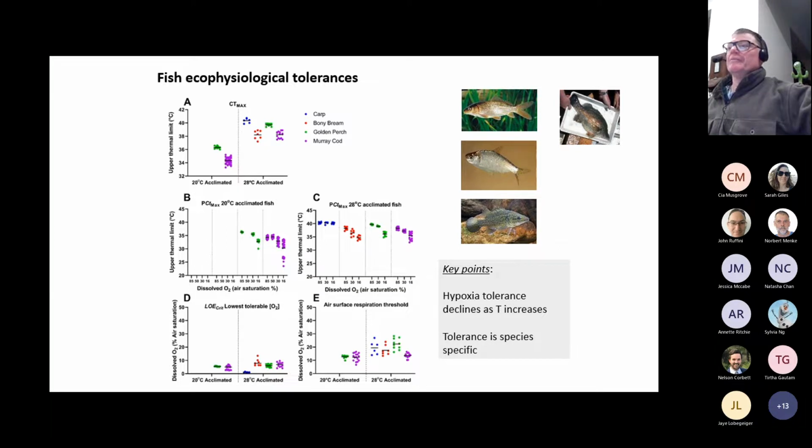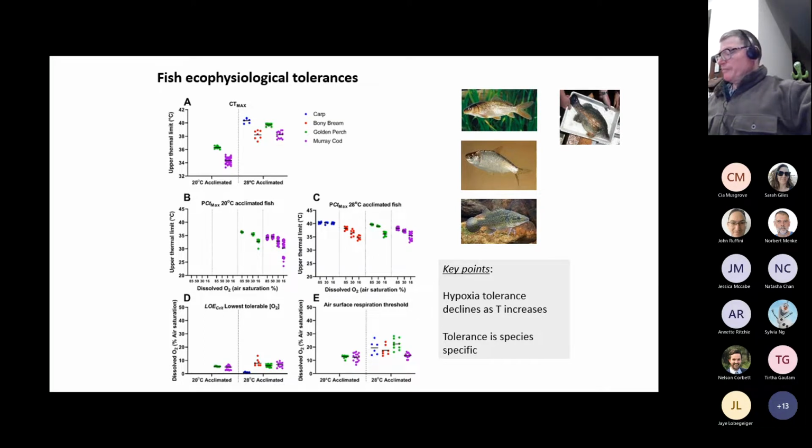So the hotter it becomes, the less tolerant of hypoxia the fish are. And that tolerance is species specific, with the really annoying finding that by far the most tolerant species is introduced European carp compared with the native fish species. So basically the European carp could go into anaerobic respiration for quite extended periods, whereas native fish were unable to do that.